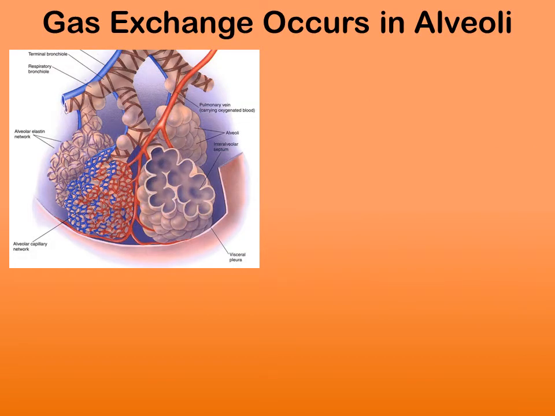So what you see here is these expanded sacs of air, sort of these groups of circular structures at the end of the bronchioles called alveoli. Now the reason the alveoli are shaped like this and covered with blood capillaries is because they are the portion that's responsible for the actual exchange of gases between the respiratory system and the circulatory system.